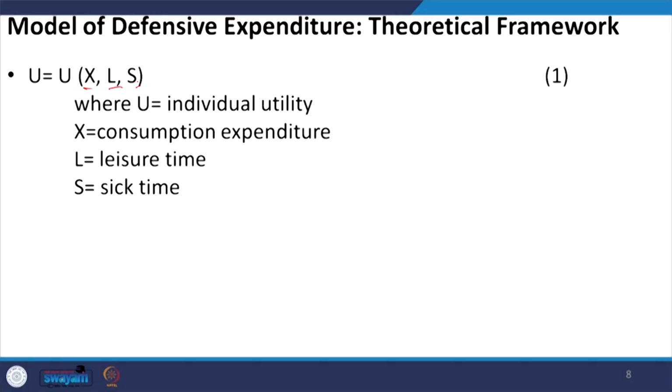So, here the utility, other things being constant, that is the standard ceteris paribus assumption, is reflected by these three variables: the consumption expenditure in terms of goods and services, the leisure time he is enjoying, and how many hours or days the person is falling sick.